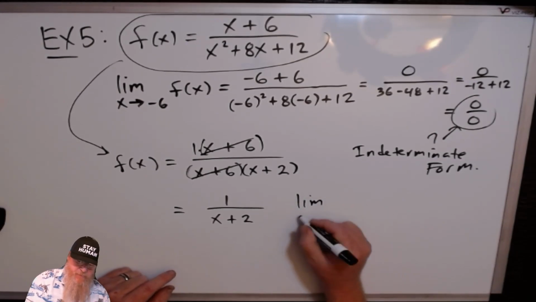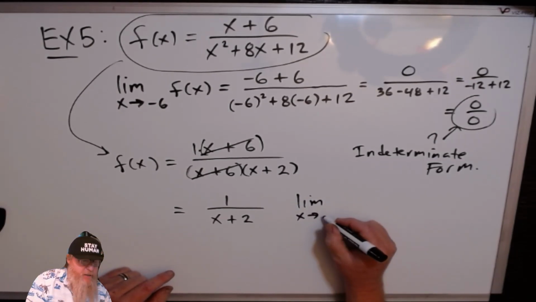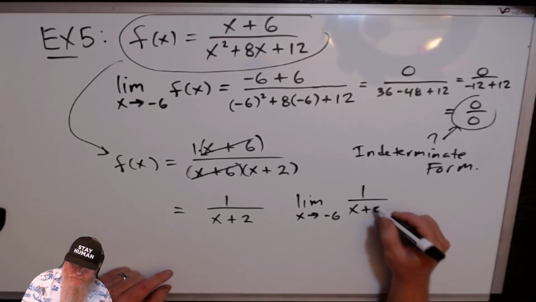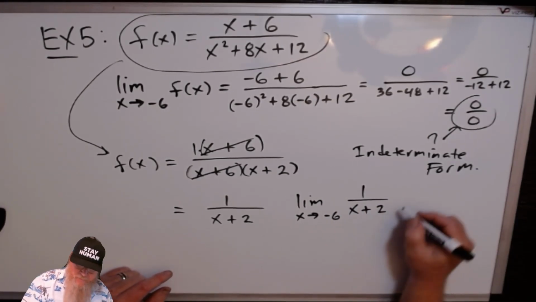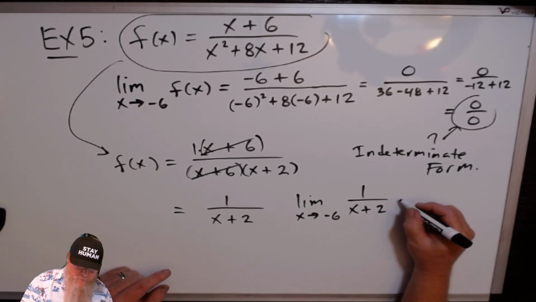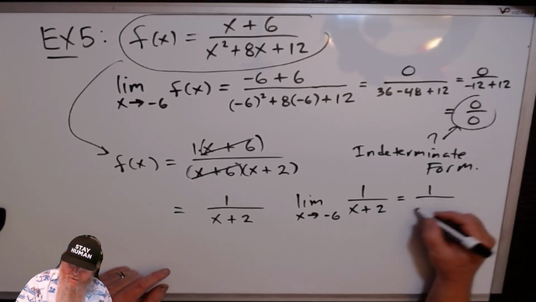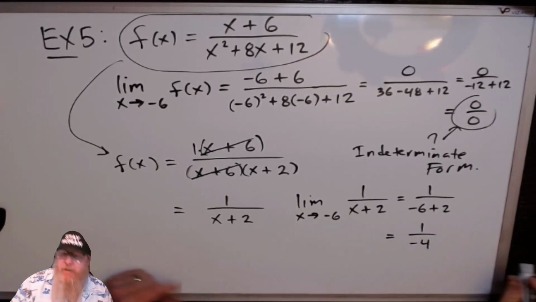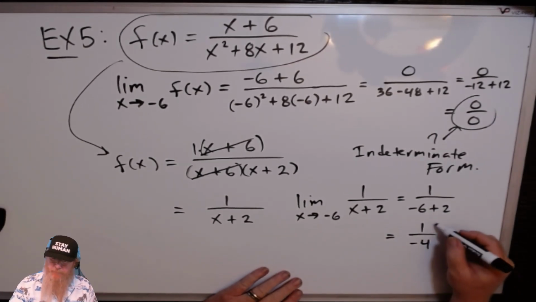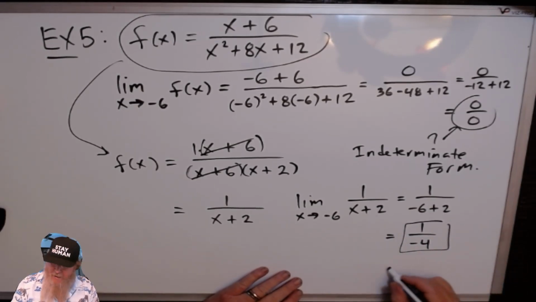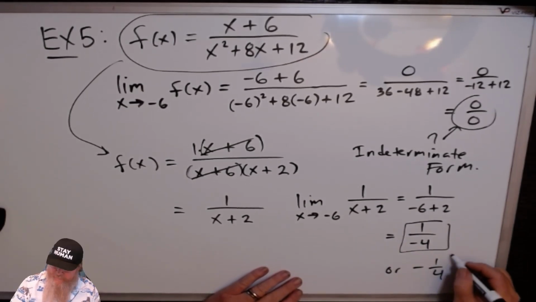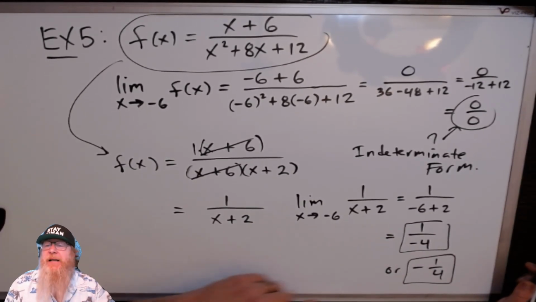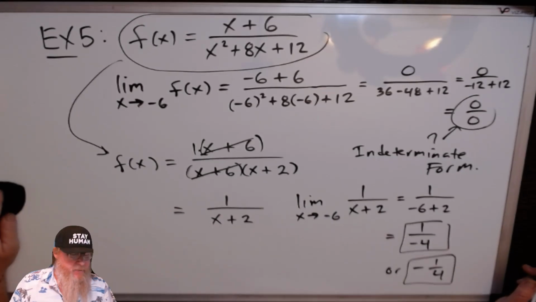And so the limit as x approaches negative 6 of 1 over x plus 2 is equal to 1 over negative 6 plus 2, which is 1 over negative 4. Or you could just say negative 1/4. Or you could say negative 0.25. I like exact numbers whenever possible.